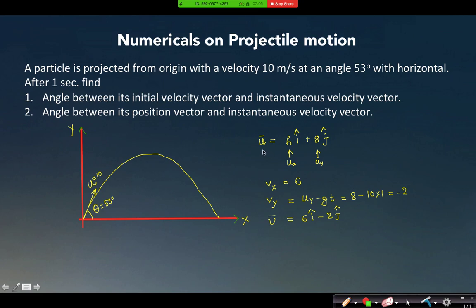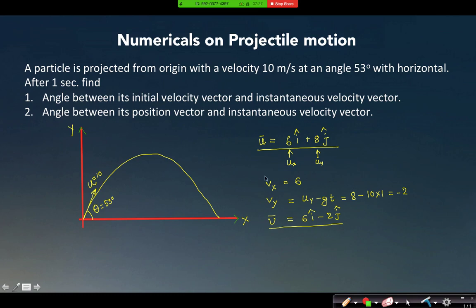Now I know two vectors, one is u vector, another is v vector. Can you tell me how to find out the angle between these two vectors, u vector and v vector? How to find out the angle between the vectors? Dot product. Yes, good. We will use a dot product.